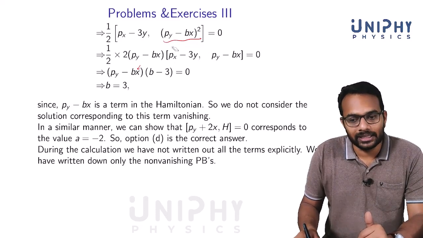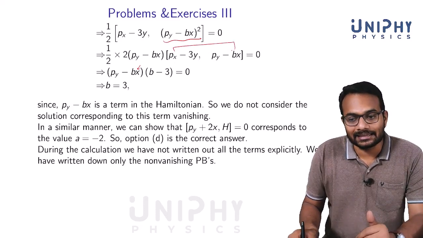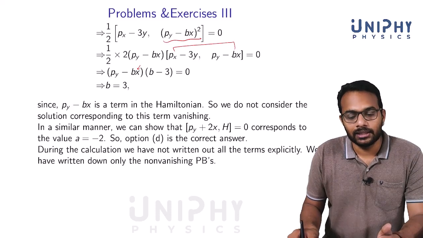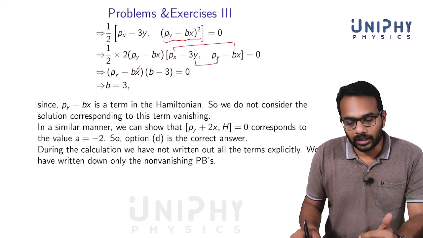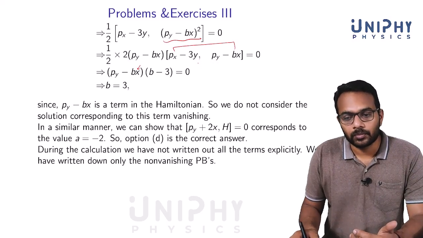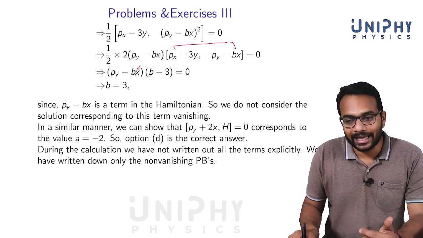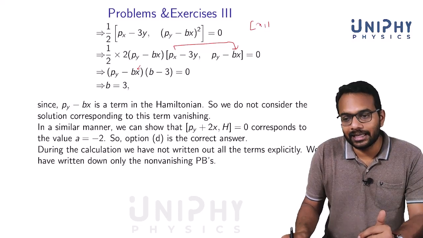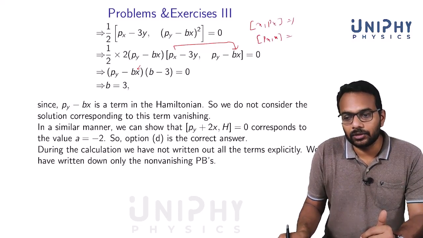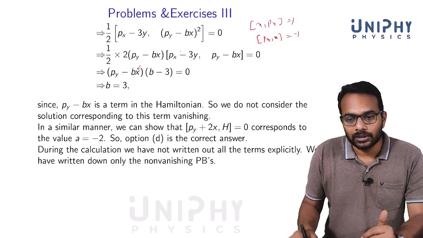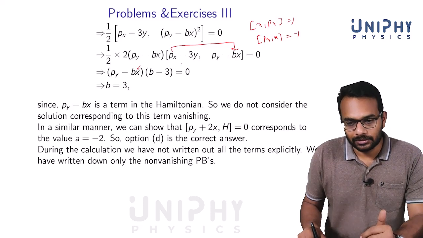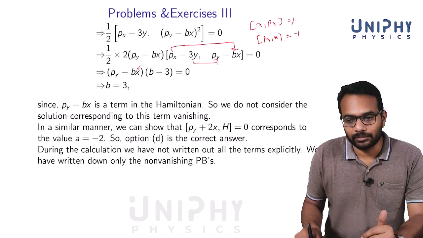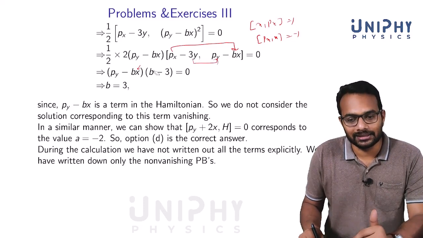Px with Py is 0, Px with x is, sorry, actually minus 1. We know that x with Px is equal to 1, so Px with x is equal to minus 1. So that minus would say that from here we get a B, and from here we get a minus 3, because y with Py is 1. So B minus 3 here, that's it.